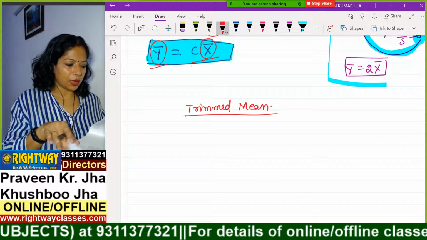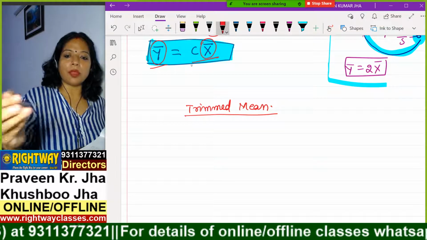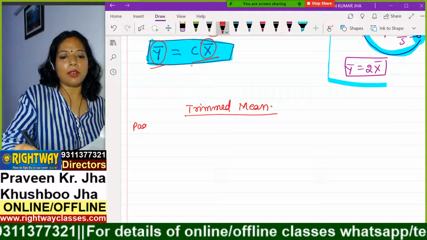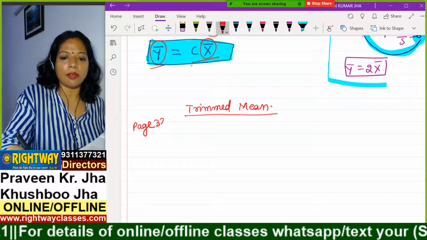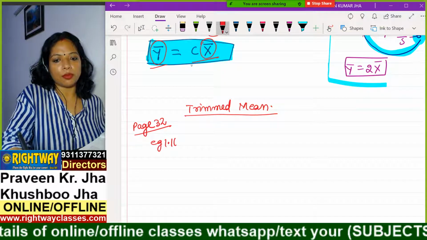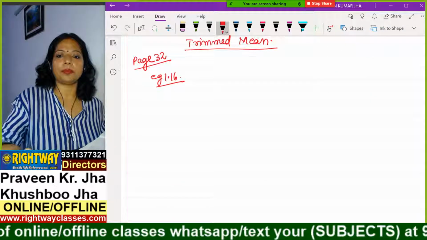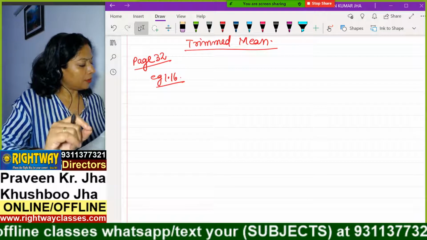Sample mean, median, trimmed mean. Example 1.16. If you have the book, you can see. If you don't have the book, you will be given the PDF, page number 32, example 1.16. See here, and you must be ready with your simple calculator.